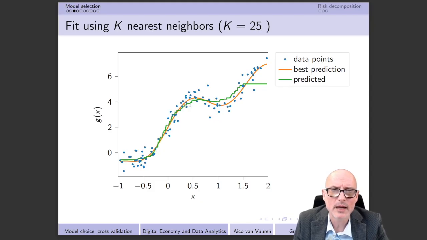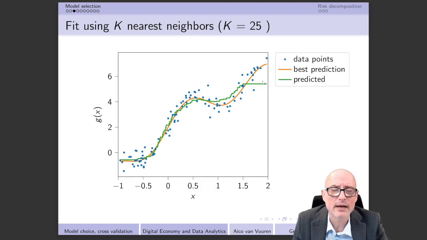Here it gets a little bit further away from the best prediction. Also here, and especially over here at the top, we still see quite a big difference between the best predictor and the prediction that we actually make, but it's much better than what we have seen before. So therefore, k equal to 25 is a much better predictor than k equal to 50.